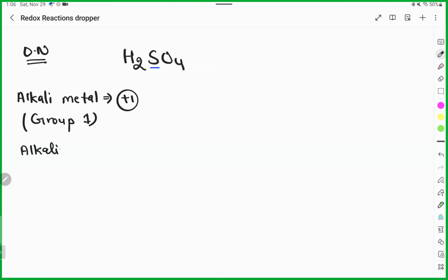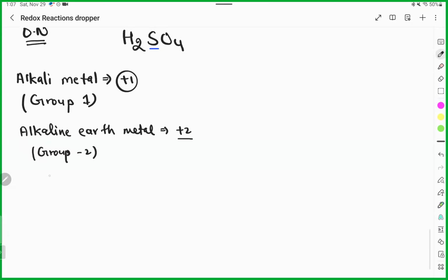Alkaline earth metals belong to which group? The second group. So they will always have a +2 charge. Hydrogen is usually considered +1, though not always true.